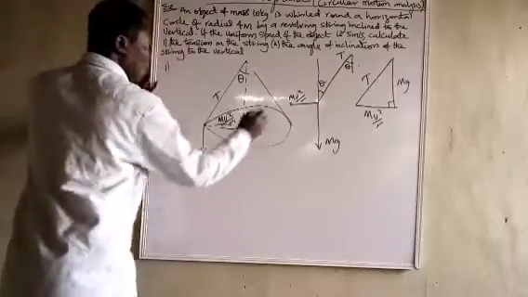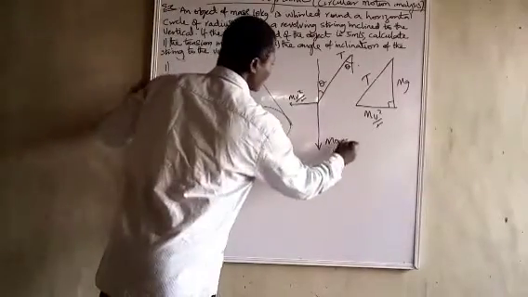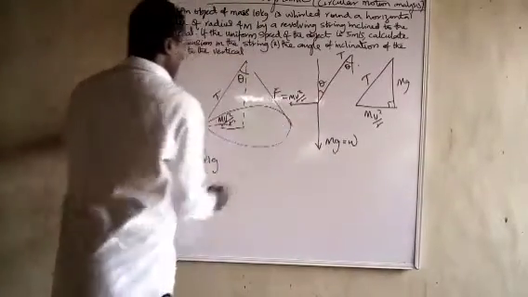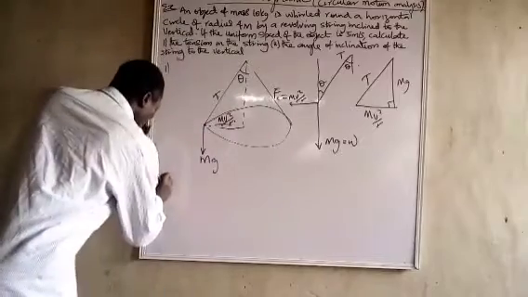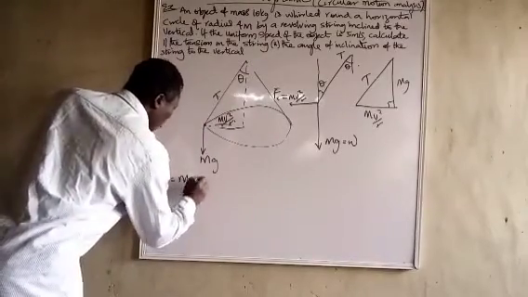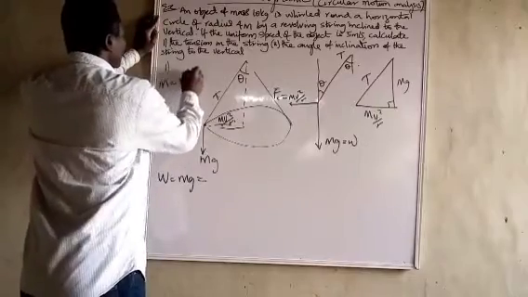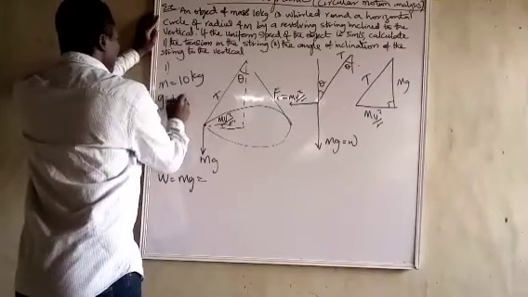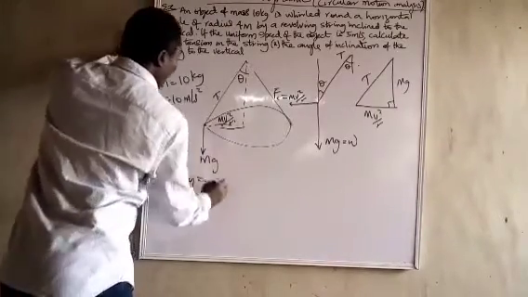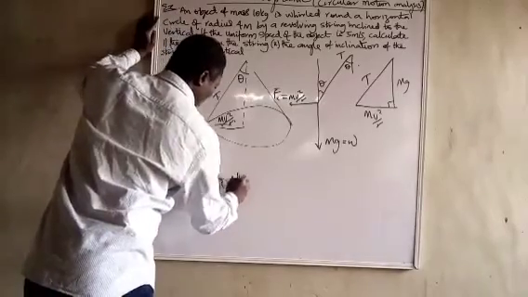Let's find what weight is and centripetal force. So mg, weight, which will be, what is the mass? 10 kg. m equals 10 kg. And let our g be 10 meters per second squared. So we have this one to be 100 Newton.